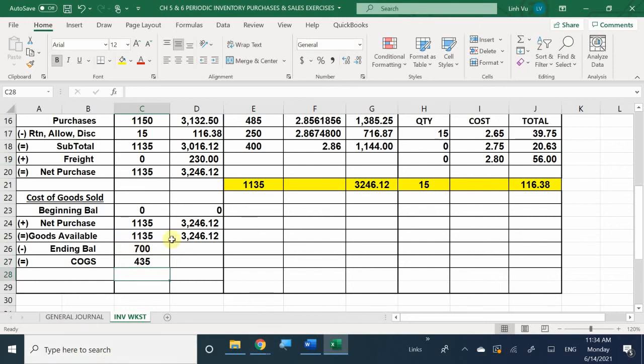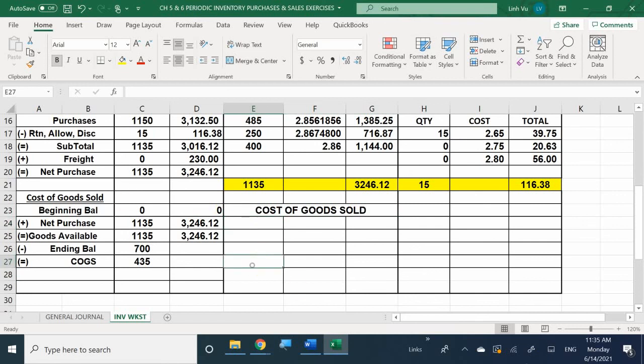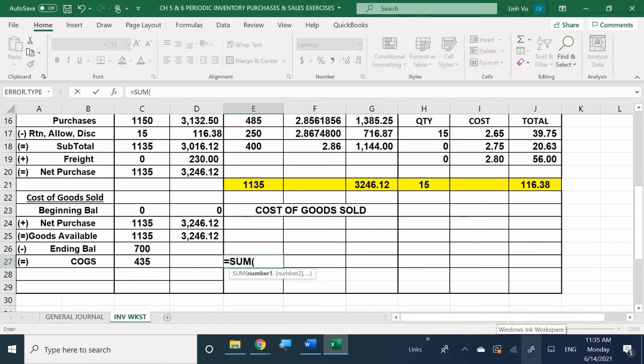Okay, so now let's go ahead and calculate my total cost of goods sold. So I'm going to build my little table here. This is going to represent my cost of goods sold. I need to get a grand total of 435 units that I sold.